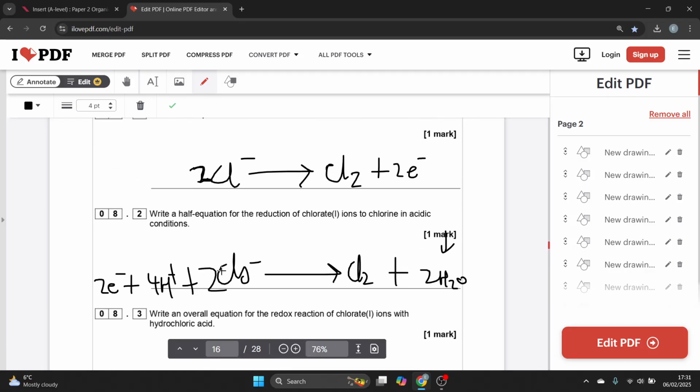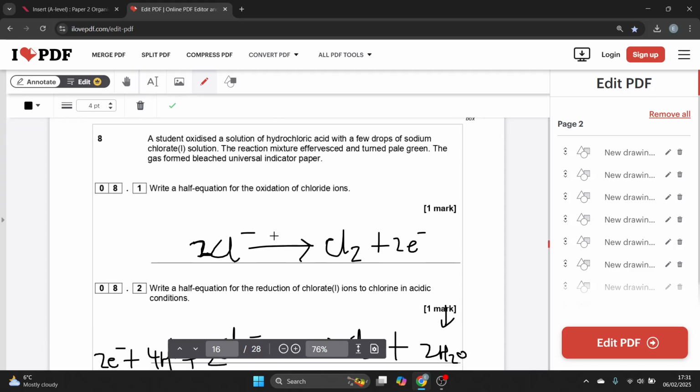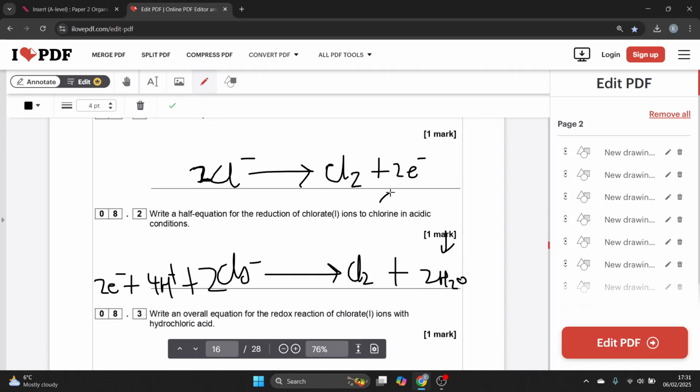Then it says write an overall equation for the redox reaction of chlorate ions with hydrochloric acid. For the overall equation, I need to cancel out these electrons. Obviously in the exam, don't do it from here, but I'm doing it for the sake of the video. So cancel them out and then you just add them on.